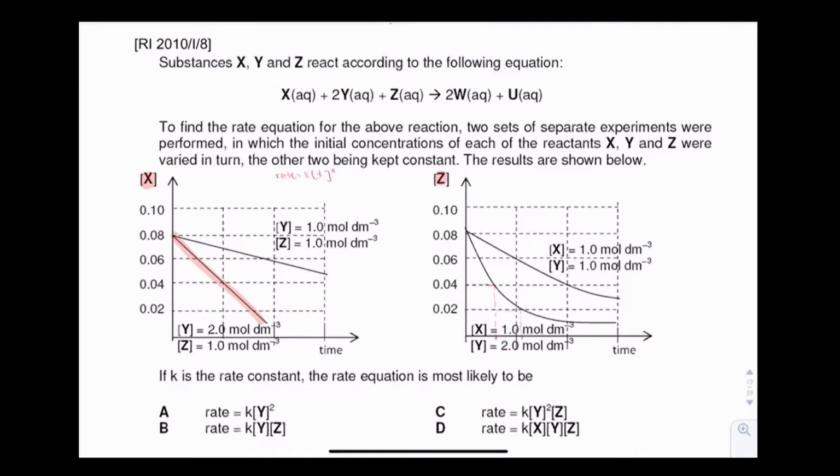So you can give an estimate here that this first half-life is equal to the second half-life, right? It's roughly the same. So since first half-life equals second half-life, then I know that this is a first order reaction.